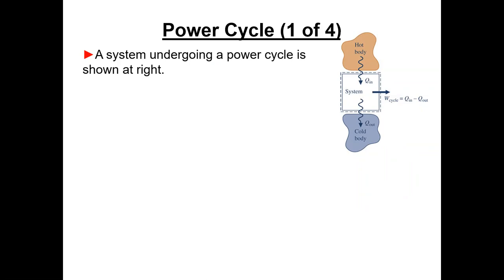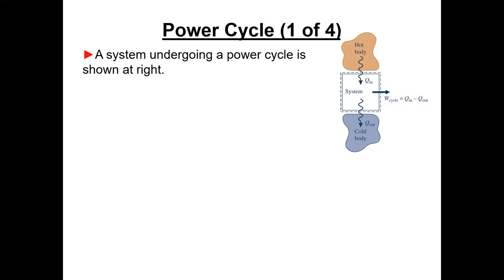So basically, what that diagram is saying, we've got some hot object. It could be combustion gases. You know, we're burning natural gas or coal or whatever. And we get heat out of there, and we're going to transfer that heat into our system. That hot body would typically be at some temperature we call TH.